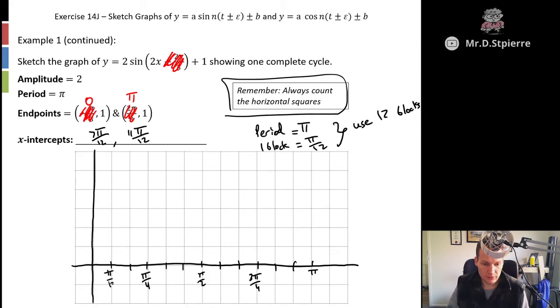That would be pi on 12, and it goes on and on. Okay, 7 pi on 12 will be right there. Right, okay, so we have an amplitude of 2, a period of pi.